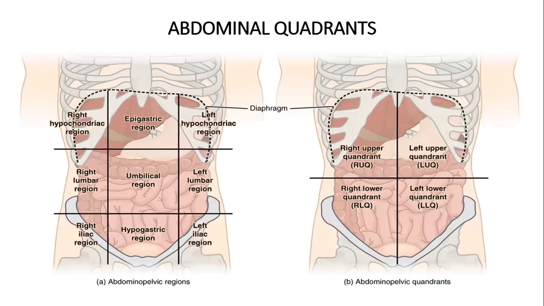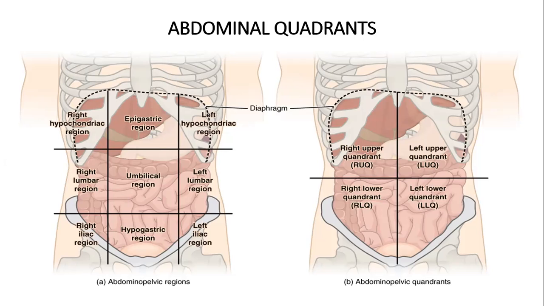All right. So if we take a look on the right-hand side, it's split into four parts. And this is the basic setup of the quadrants. We have a right upper quadrant and a left upper quadrant. We have a right lower and a left lower. And what you'll see is folks that have abdominal issues, they'll actually use the quadrants on the left because it's actually more specific.